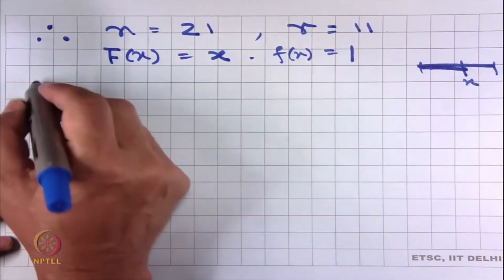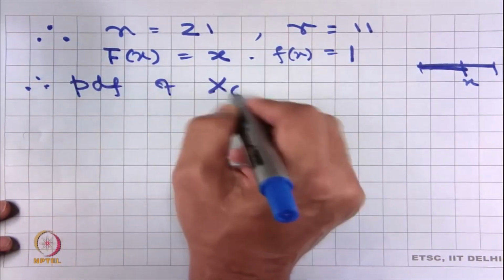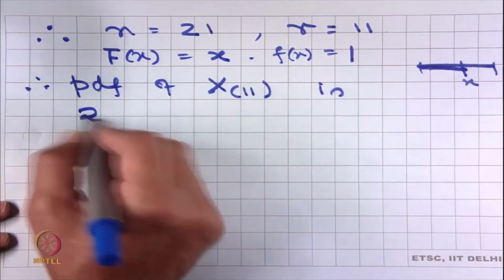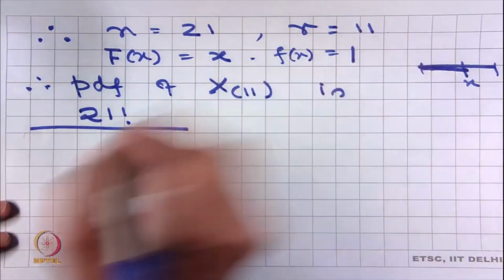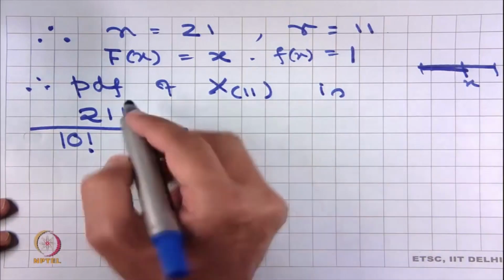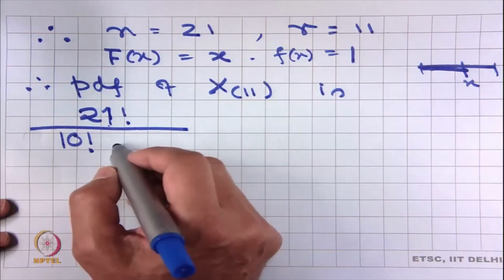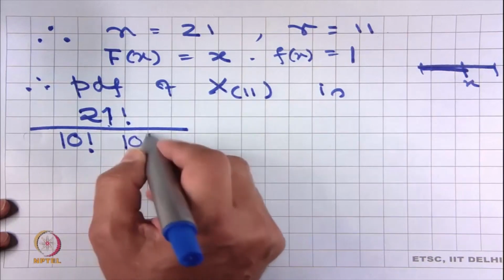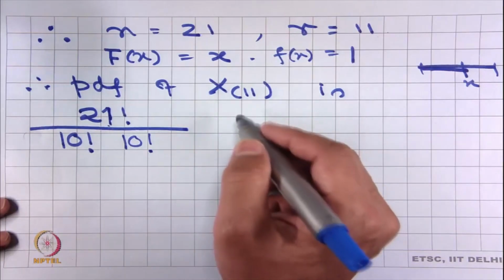Therefore, the PDF of x 11 is factorial 21 upon factorial r minus 1, r is equal to 11, so it is 10 factorial, and factorial n minus r, n is 21, r is 11, therefore it is 10 factorial. Then F x to the power r minus 1.